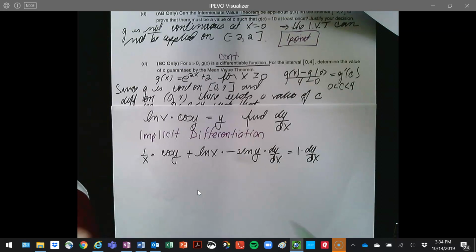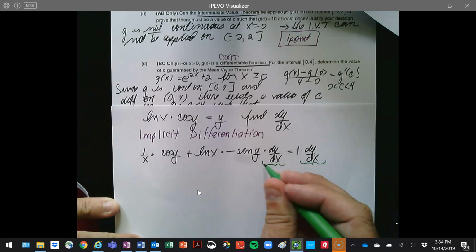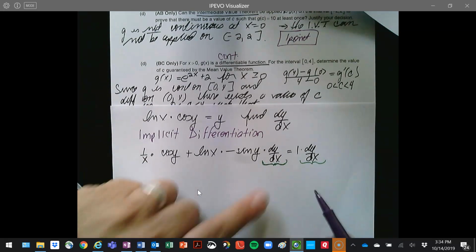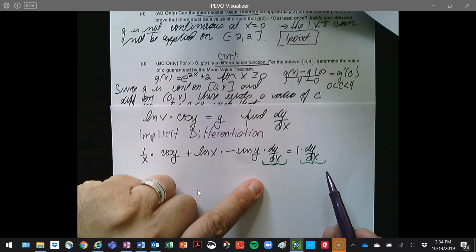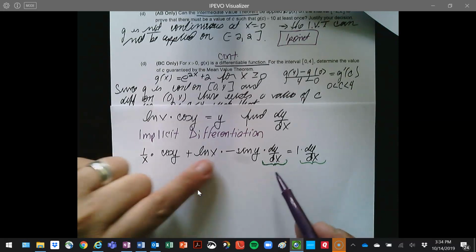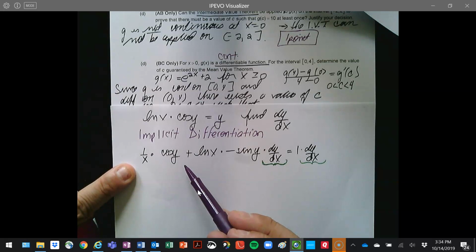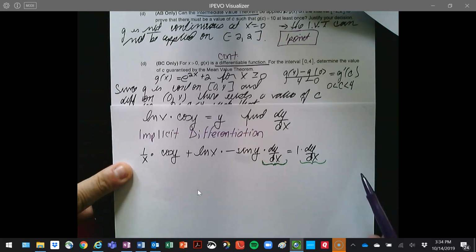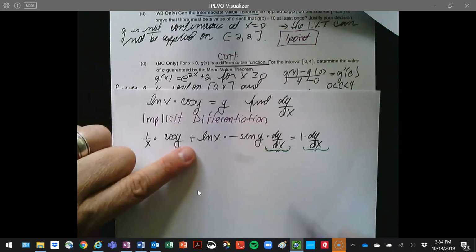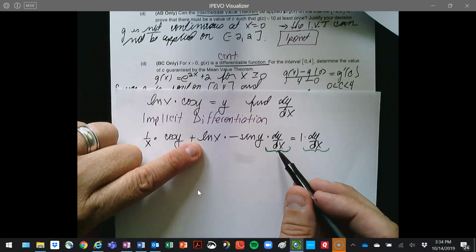The goal now is to solve the equation for dy/dx, and I see dy/dx showing up on both sides of the equation. The algebra move that you need is the terms that have dy/dx need to be on one side of the equation. The term that doesn't involve the dy/dx, we're going to move to the other side. So what are we going to do? I see this natural log of x times negative sine of y dy/dx on the left.